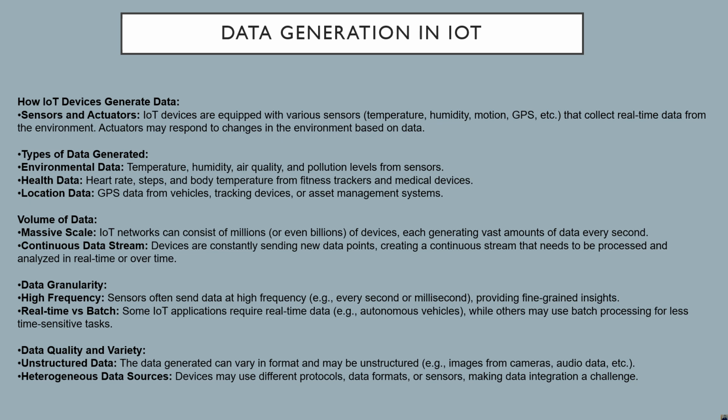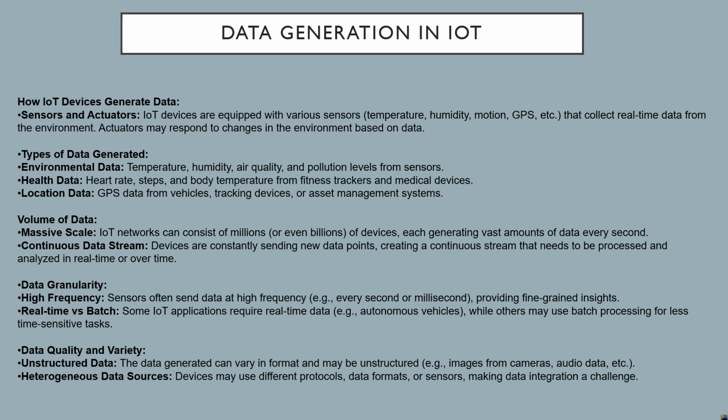Environmental data records temperature, humidity, air quality, and pollution level from the sensors. Health data records the heart rate, steps, and body temperature from fitness trackers and medical devices. Location data tracks GPS data from vehicle tracking devices or asset management systems.